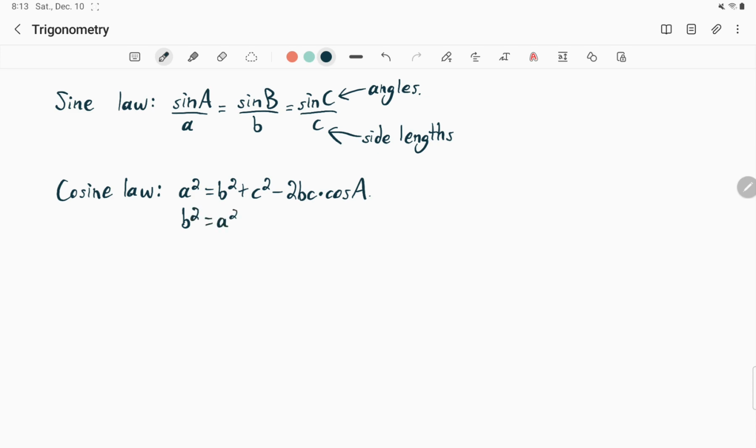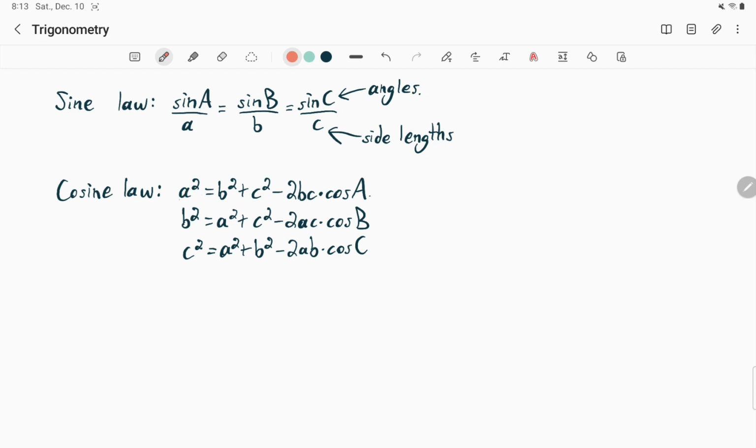B squared equals a squared plus c squared minus 2ac cos B, and c squared equals a squared plus b squared minus 2ab times cos C. You can probably see a pattern here.